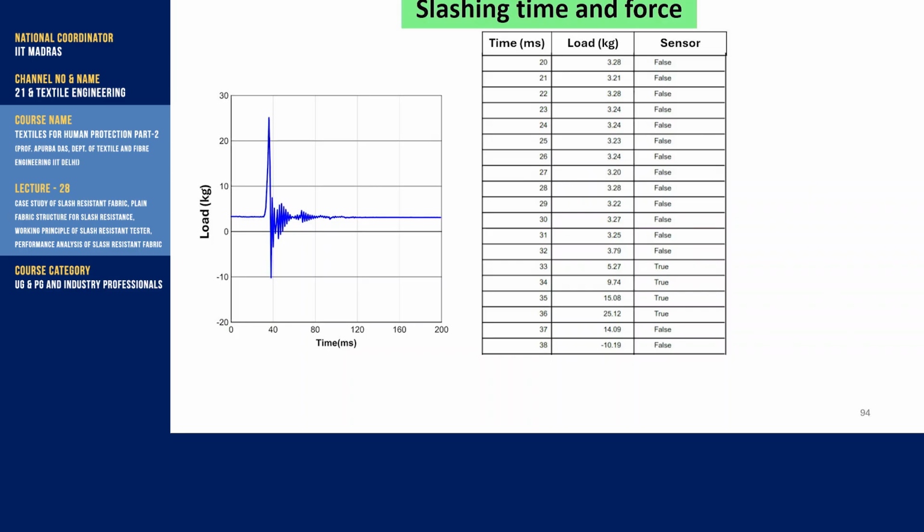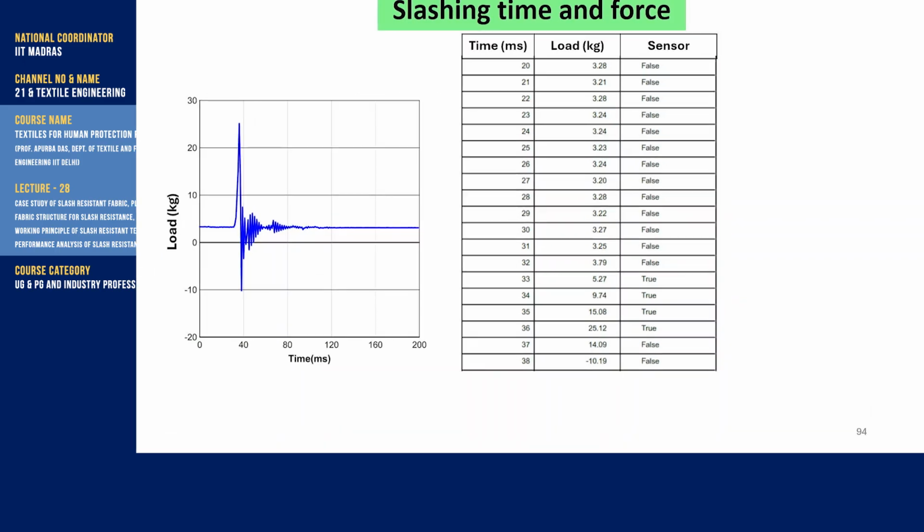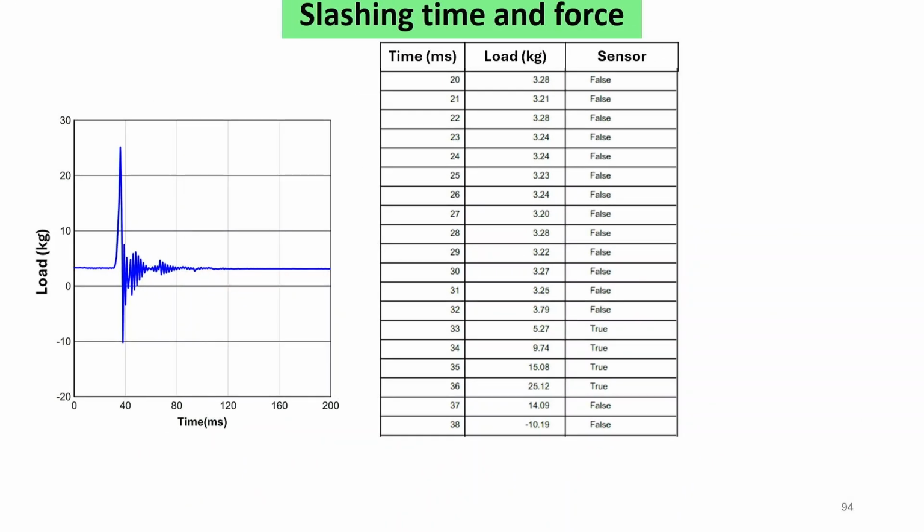Here we can see false, false, false and then true. True means there is an electrical connection through the metal, that is, a perforation is there. When there is no perforation, it is false, although there is force applied on the fabric by the knife.